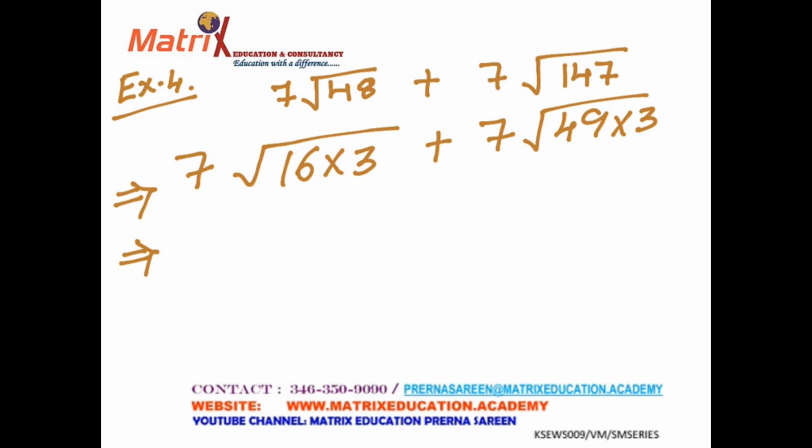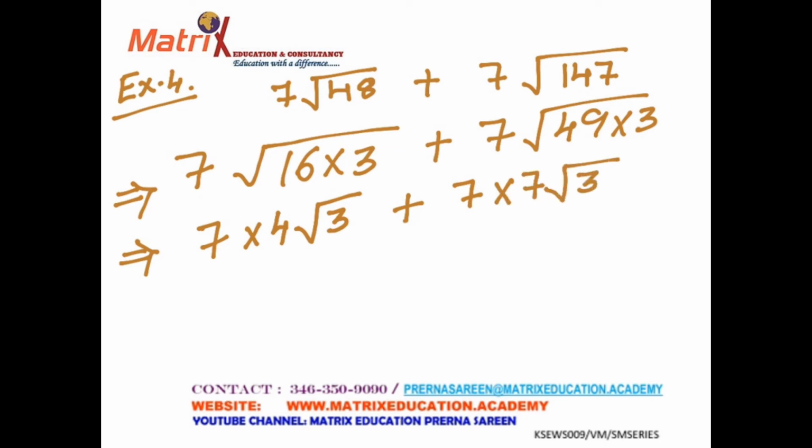So what I'm going to do, 7, I'm going to split, I'll take 16 out, so this becomes 4 radical 3. Plus, I'll do the same thing, 7 times 7 radical 3. Now my radical part is the same.